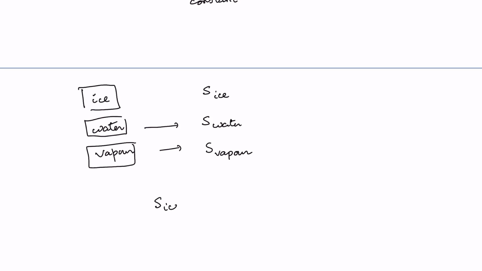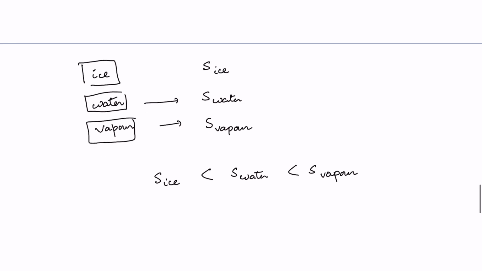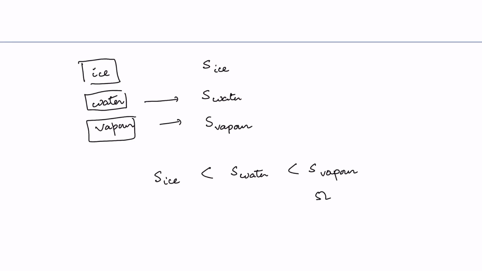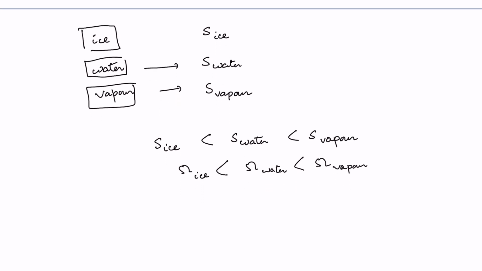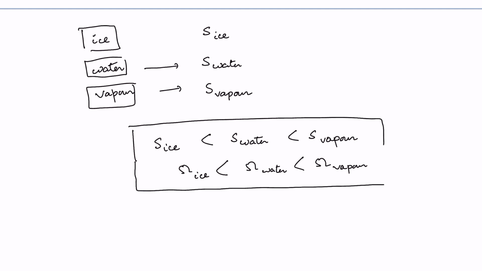So entropy of ice is less than entropy of water, and entropy of water is less than the entropy of vapor or steam. Out of these three states, vapor has the highest entropy.